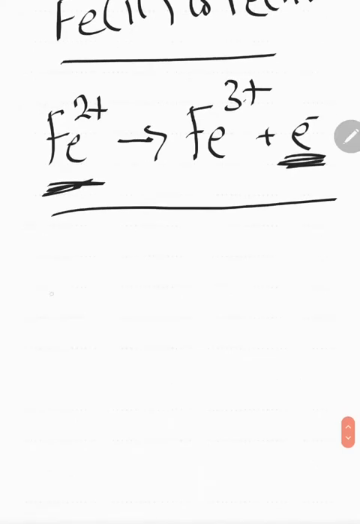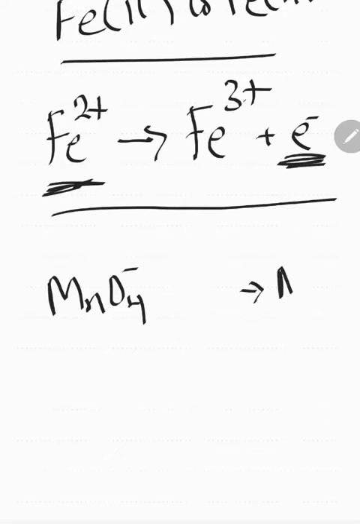Now, manganate ions. Manganate ions are reduced to Mn2+. Here's the rule. I won't write the rules. You can pause the video to note what I am about to say.